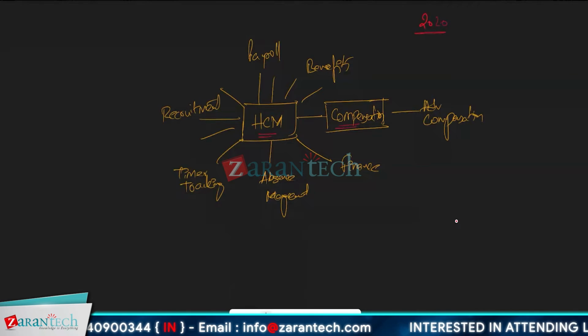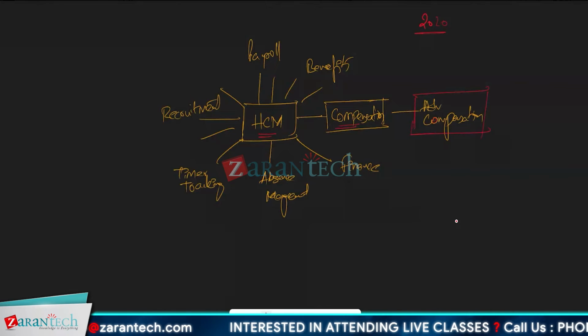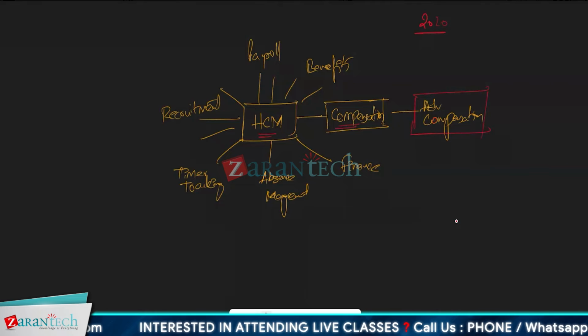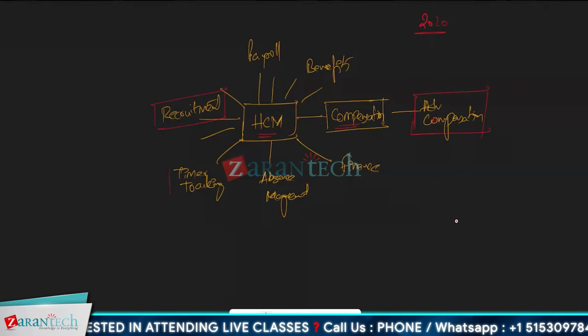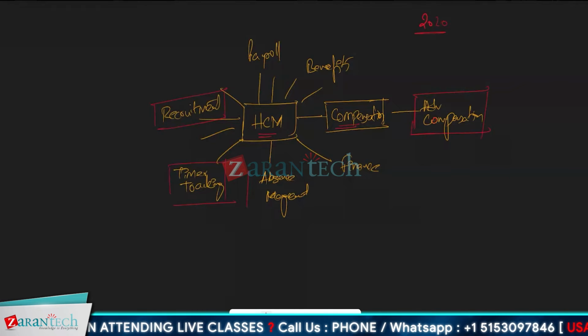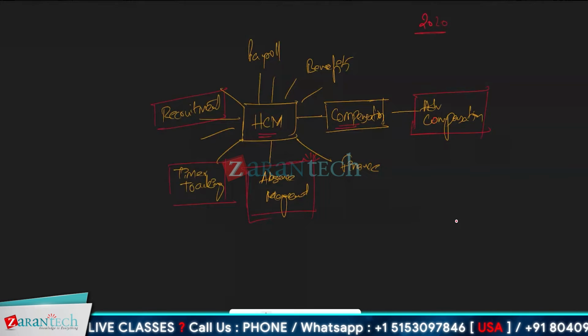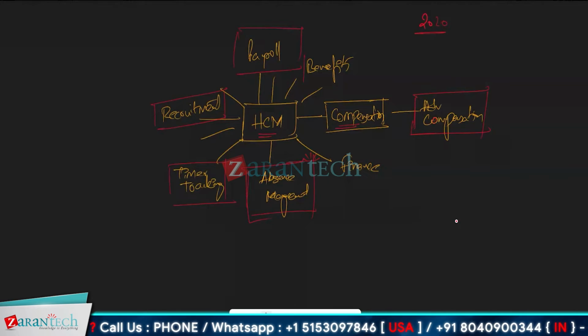Now they decided, okay, let's also start using advanced compensation. So the customer can subscribe to advanced compensation, and then they can use all those features and capabilities offered by advanced compensation. Similarly, they can also start using recruitment. They can start using time tracking. So these modules are not mandatory, but if you want, the customer can subscribe to these modules and start using them.